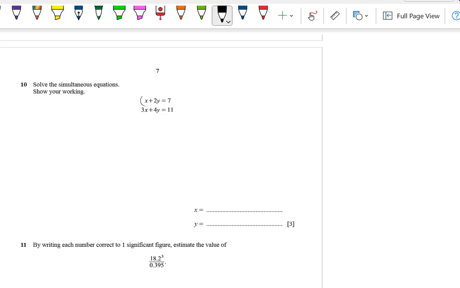You may multiply the first equation with minus 3. So it should be minus 3x minus 6y is equal to minus 21. Then just put the other equation with it.